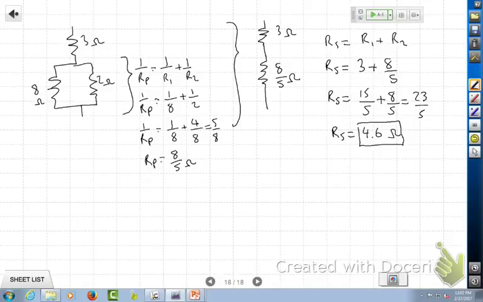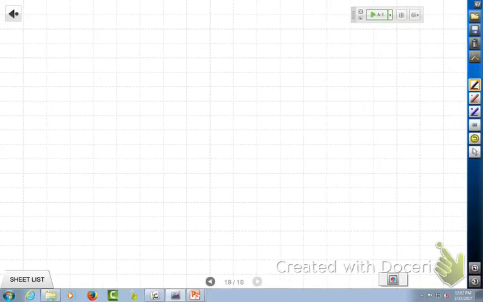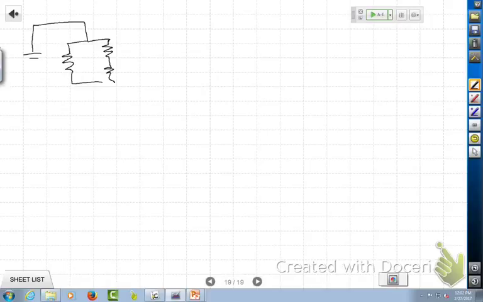And I want to do another one, but I want to do one of the complementary ones. So let's do 12 volts. Let's make it simple. 2 ohms, 4 ohms, and let's do 2 ohms.